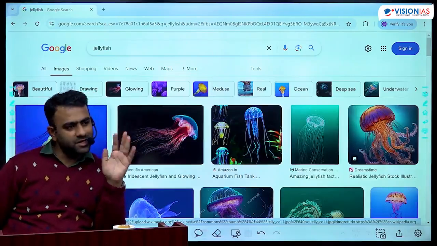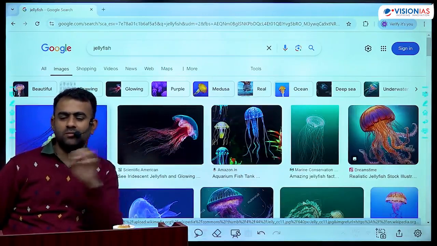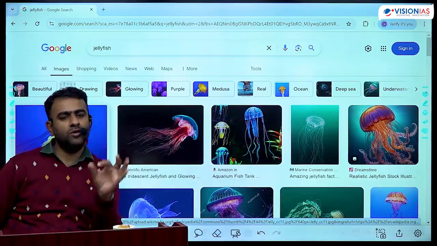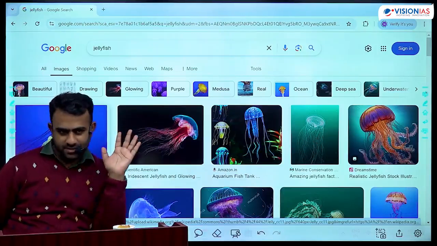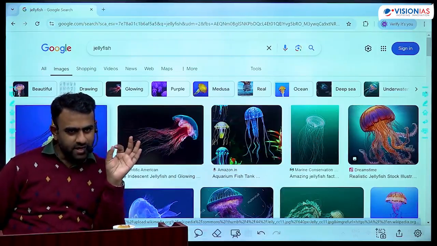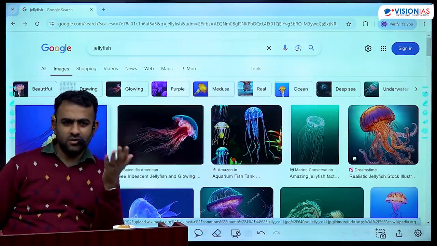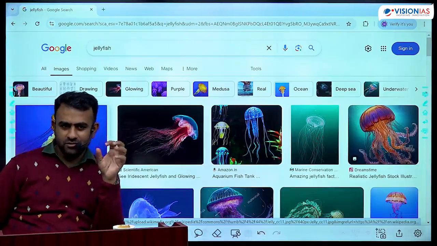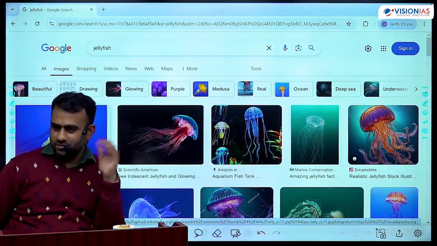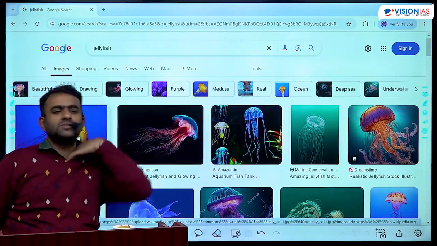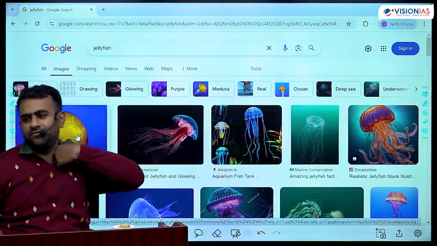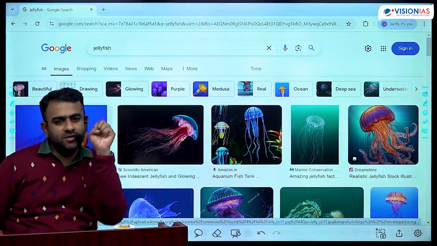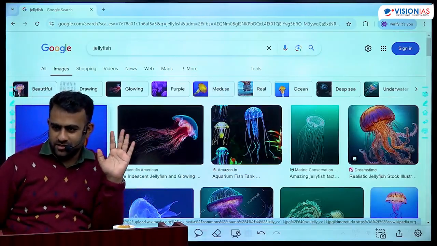From jellyfish they further evolve into these organisms, but most of these are soft-bodied marine invertebrates. Example, corals. Have you seen corals? Their body is so soft, they cannot even move. The only special function is its tentacles. It has a capacity to absorb the water continuously and release the water continuously.